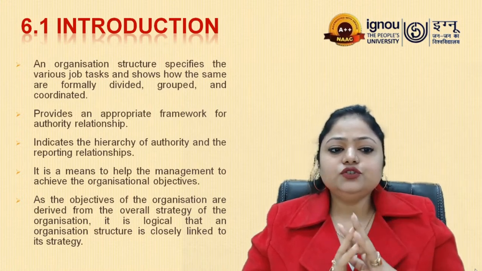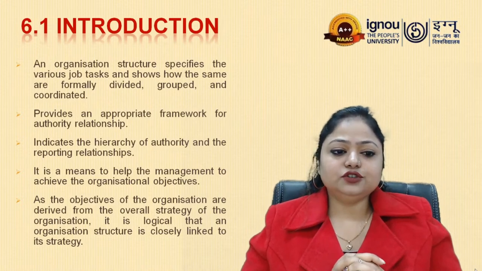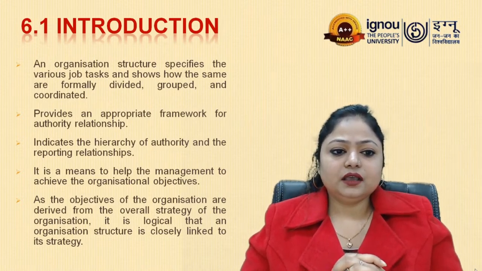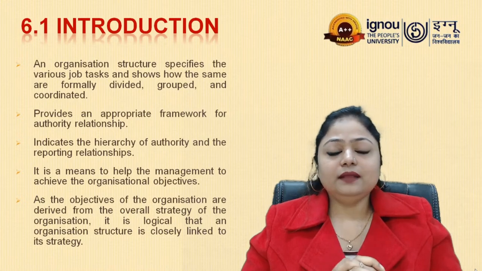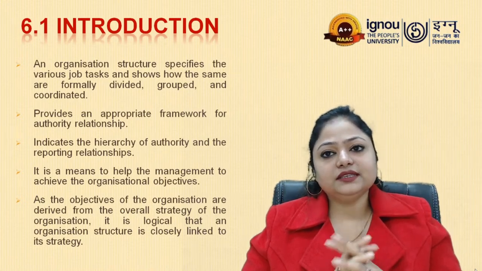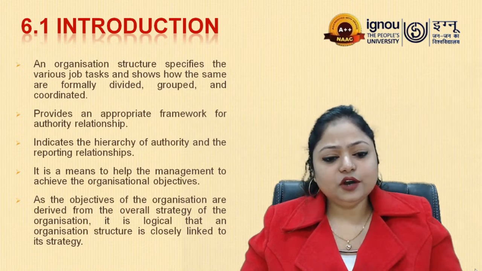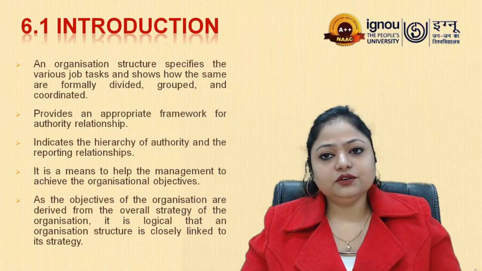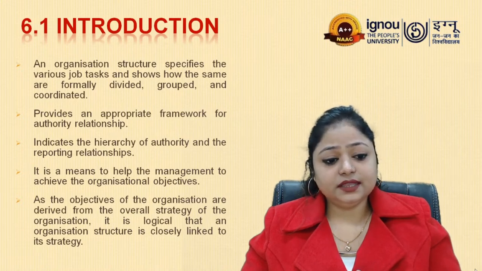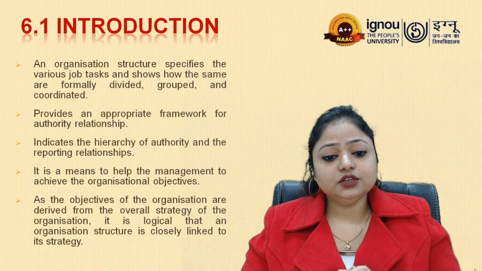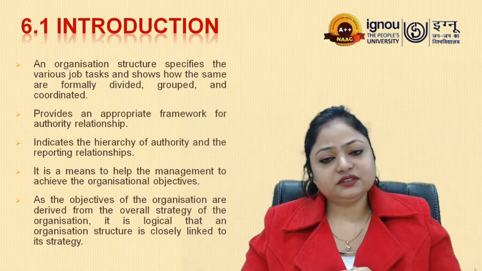The design also indicates the hierarchy of the authority relationships and means to help the management to achieve the organization's overall objectives. Now, as the objectives of the organization are derived from the overall strategy of the organization, it is logical that an organization's structure is closely linked to its strategy.